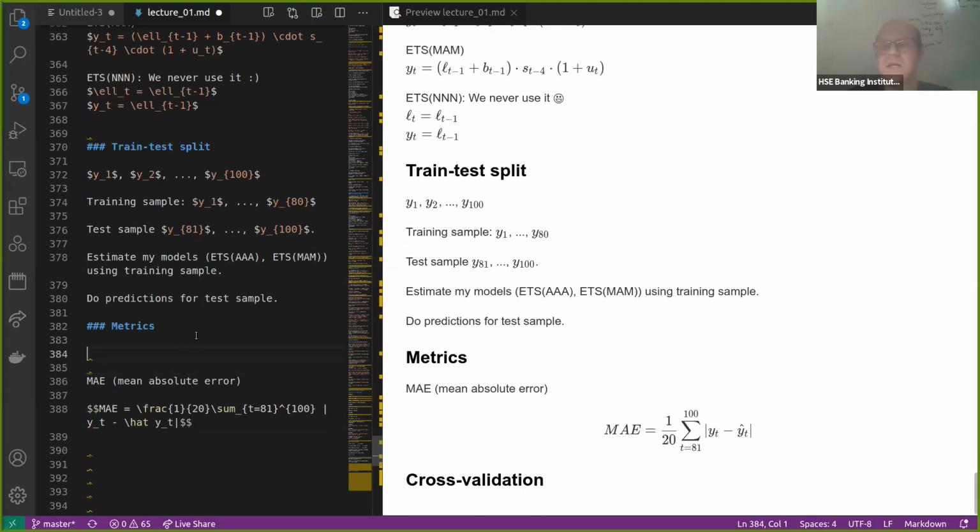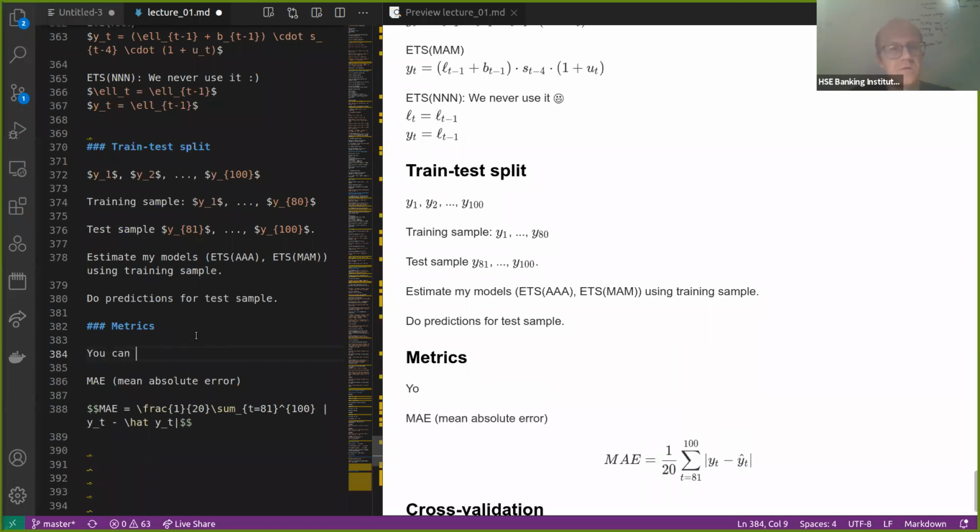No, OLS is a technology, it's a method, but the comparison goal is mean squared error. You can compare models using mean squared error.